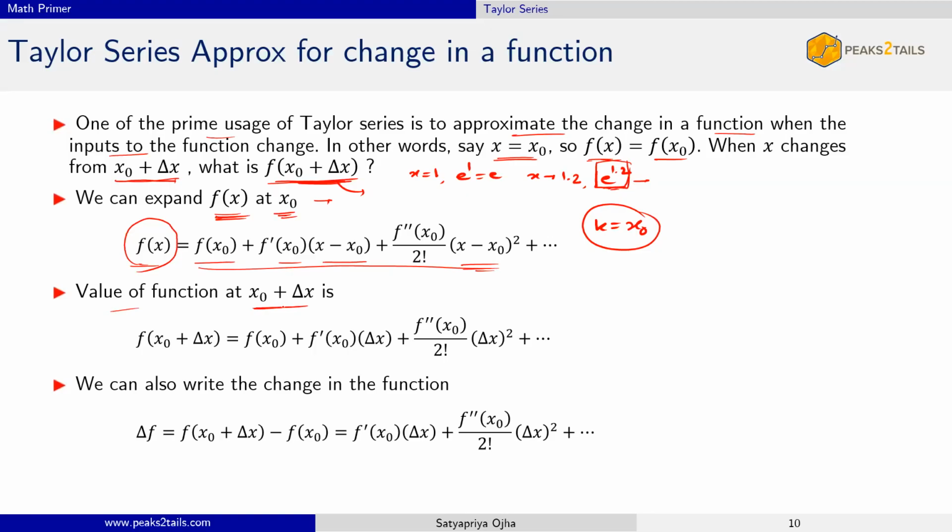Now, what is the value of the function at this new shifted x, which is x0 plus delta x? The value is given as, put this value in the variable. Please note that this is a brand new function, which is a polynomial function that is approximately same as the true function. This is what we have been doing so far, correct?